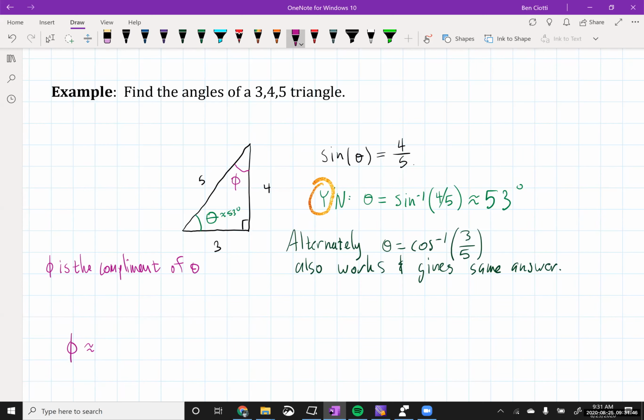You do 90 minus the other angle, i.e. phi is 90 degrees minus whatever theta is in degrees. So that's approximately 90 minus 53 degrees, which is 37. So phi is approximately 37 degrees.